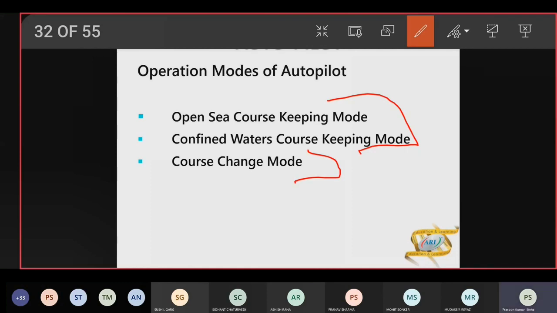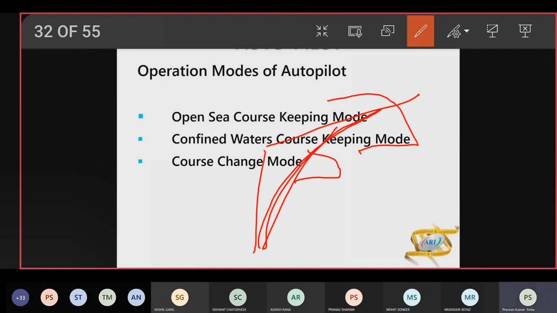The other one, course change mode, as the name indicates, means you can use the autopilot system for making alterations also. When you want to alter course, let us say from 015 to 085, there will be an initial course and there will be a final course. The vessel has to turn from here to here. She will take a curvature.